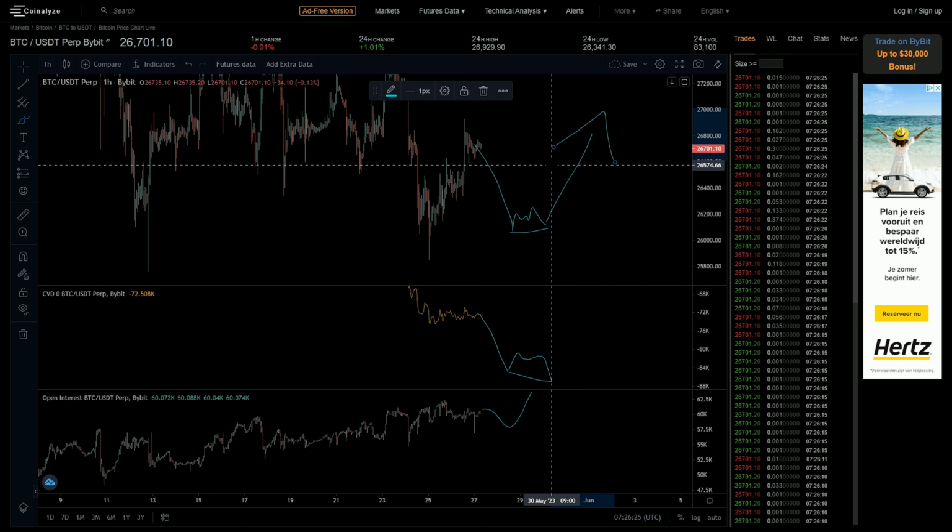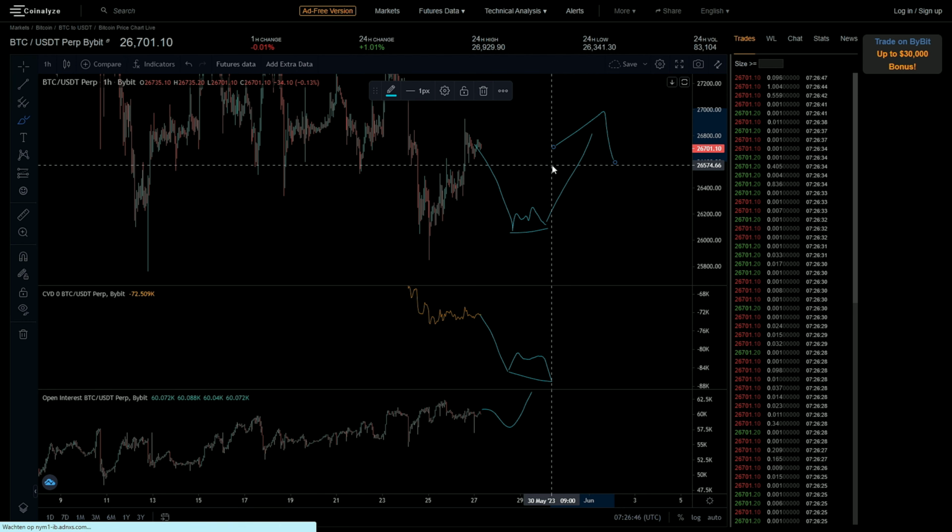Because let's say we are near that support and these divergences are being formed and this open interest is rising, what does it tell us? It tells us that yes, we might be looking for a long because we want to anticipate a potential short squeeze, but without confirmation, obviously, only these indicators will never be enough for us to take a long position.